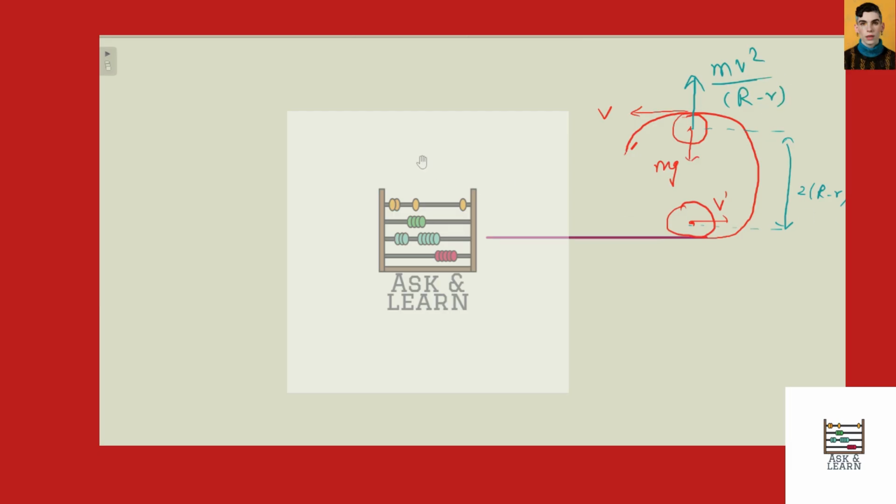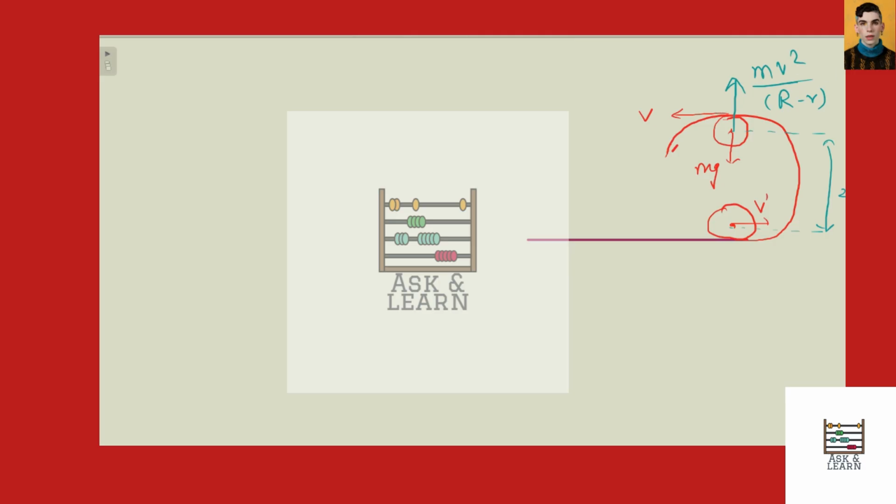Now from the free body diagram, let this point be A and this point be B. From the free body diagram we can see that at point A, if the sphere is in balanced condition, the net force due to weight is equal to the force of centrifugal.